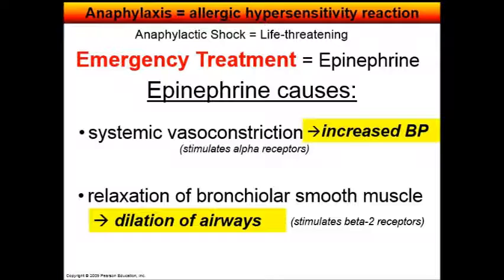Not much. For most of us that are healthy, the heart rate speeds up a little bit, the airways open up, no big deal. It's not like it has negative consequences for most people. So you need to use that thing, and you need to use it early. If you wait until the tongue is swollen and closed off the airway, and then you give the EpiPen, sorry, it's too late. They're dying.